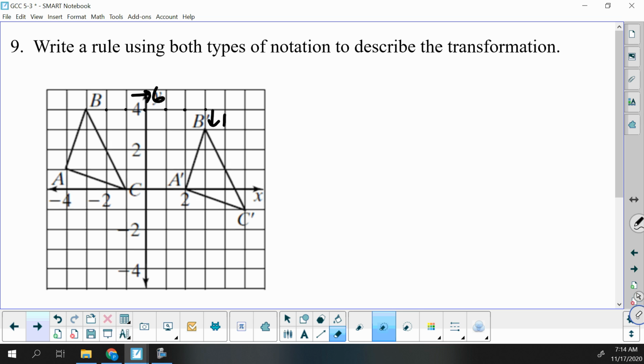So one way we can notate this is with our point, the x comma y. We can say x comma y and put an arrow. And we can say x plus 6 because we went 6 to the right, and y minus 1 because we went down 1. So that's one way you can notate it.